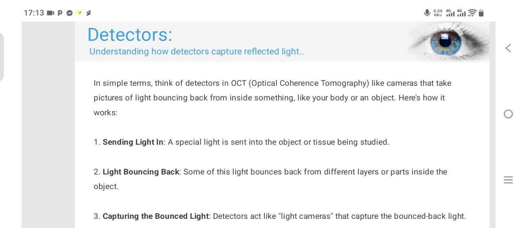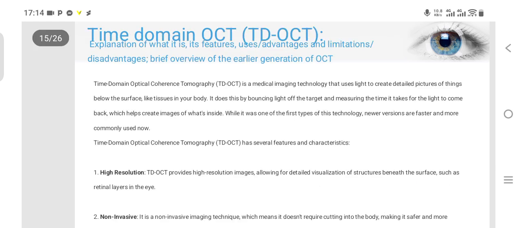Some of this light bounces back from different layers inside the object. The detectors are like light cameras that capture the bounced back light. Then we explain the features, advantages, limitations, disadvantages, and all that.